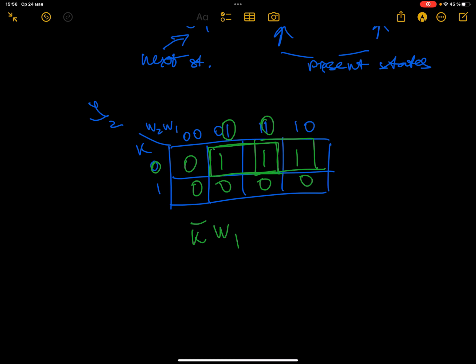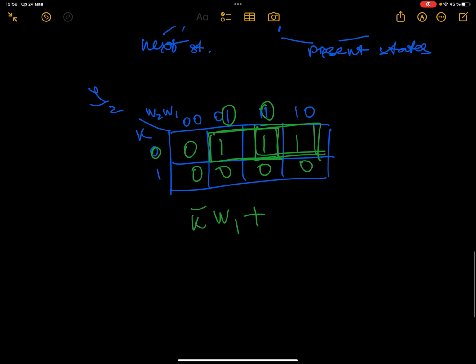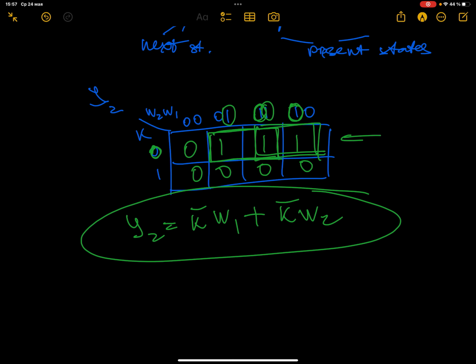So it's going to be W1. Plus, if I consider this second two cells, again K bar, because we are in this row where K is 0, and here W2 is the same, 1 and 1, so W2. So this is the value of big Y2. Okay, so this is the final answer.